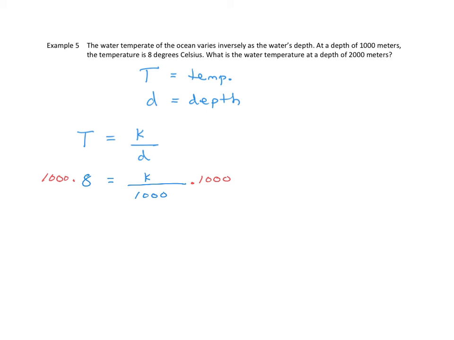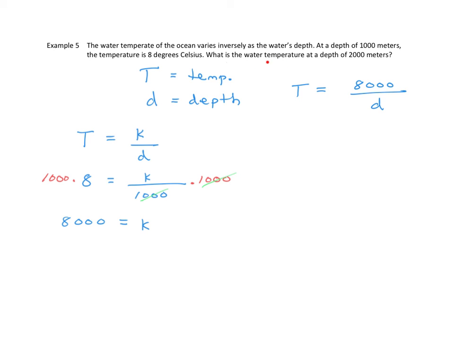Because on the right, the 1,000s cancel, leaving k, and we have 8,000 on the left side of this equation. I have my formula. T is equal to 8,000 divided by D. I solved for k, and I put it back into the equation.